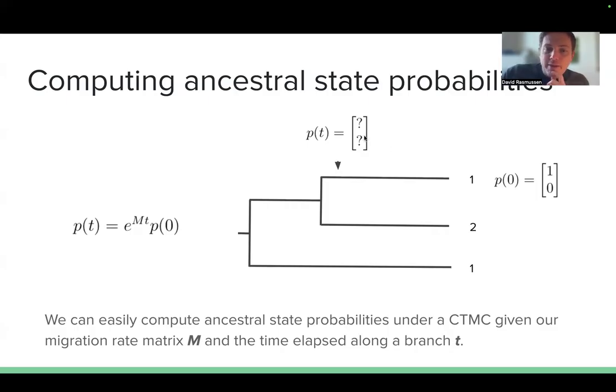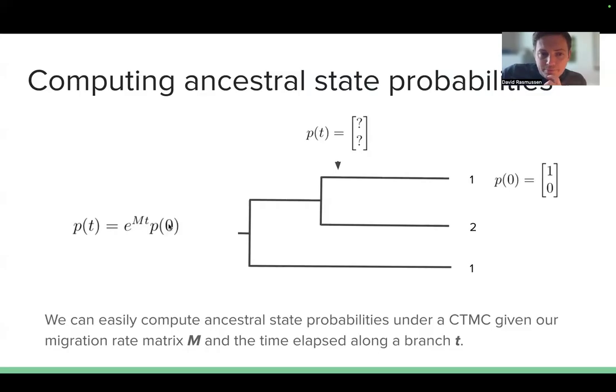But we can think about this vector of probabilities going backwards in the past and ask, well, what is the relative probability that it was in population one or two at any point in the past? To do this, all that we would need to do is be able to exponentiate the migration rate matrix and multiply it by the time that has elapsed since we observed the tip lineage. And that will give us a transition probability matrix that we can then multiply by the initial vector of probabilities.